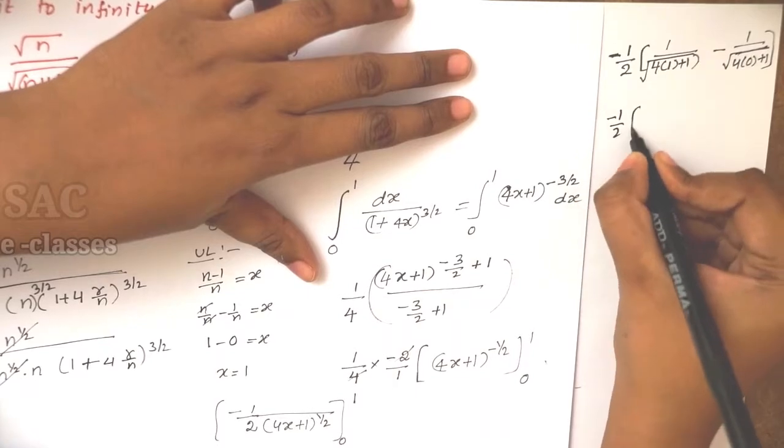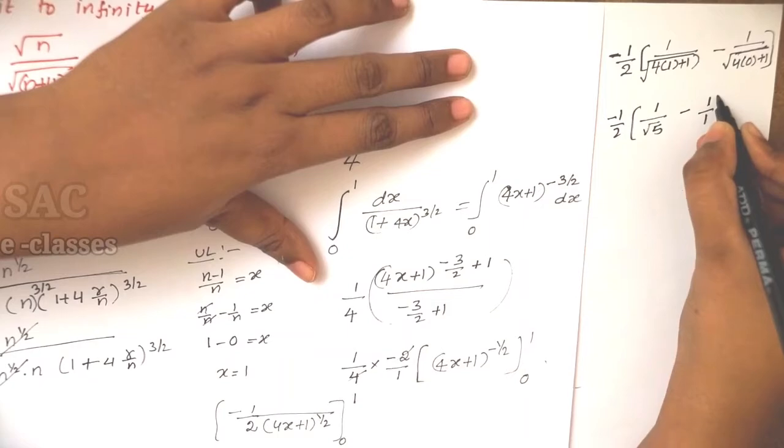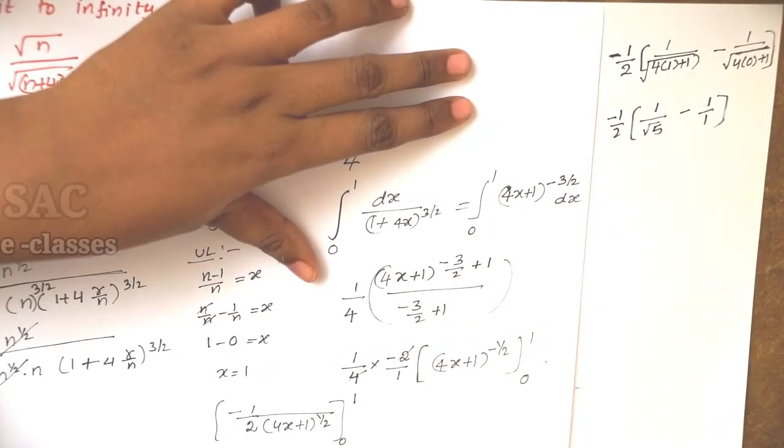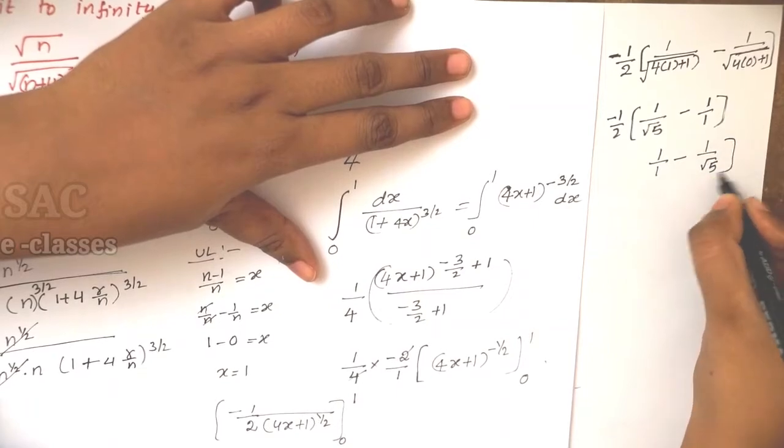Minus 1 by 2 into 1 by root 5 minus 1 by 1. Multiplying with the minus, a minus b becomes b minus a: 1 by 2 into (1 minus 1 by root 5).